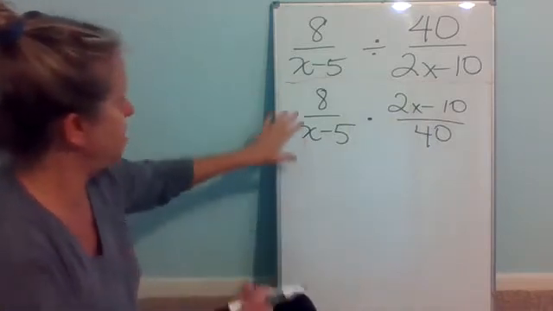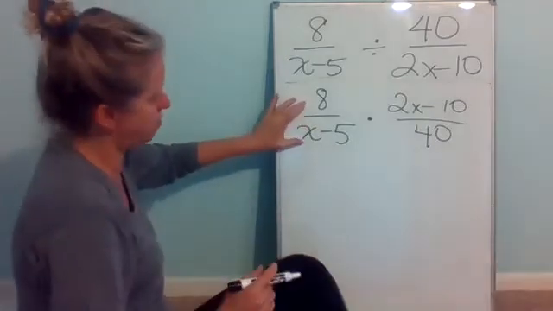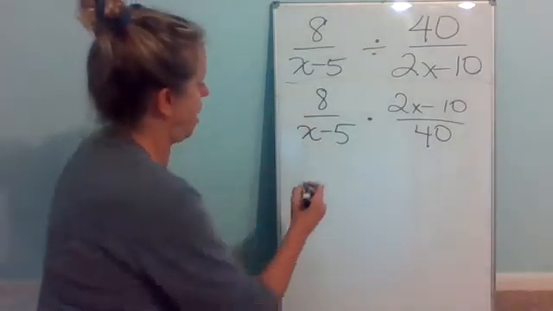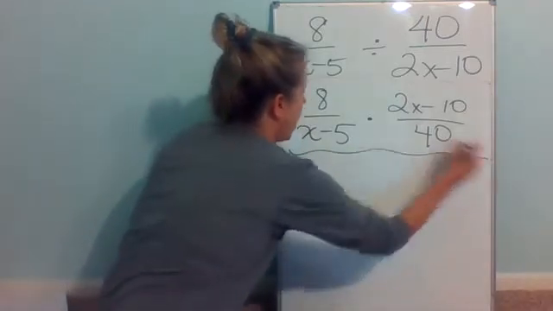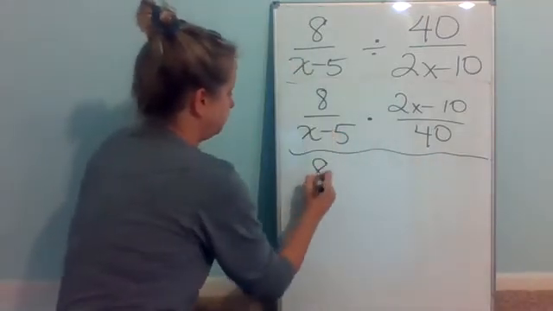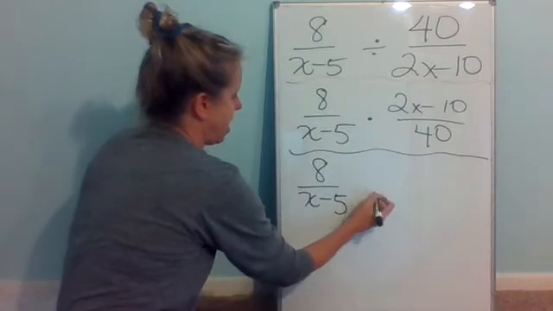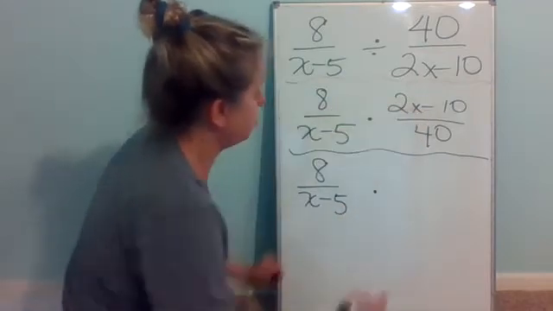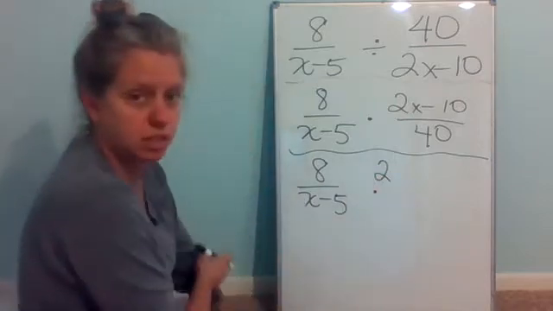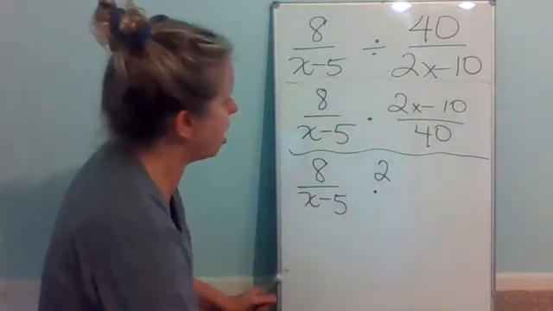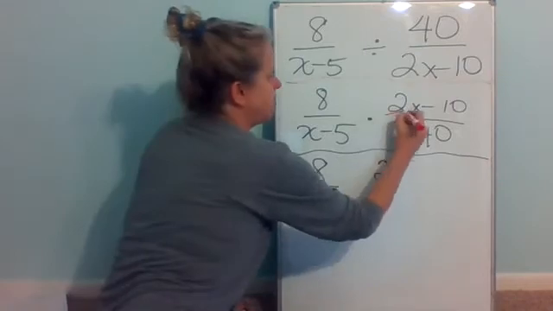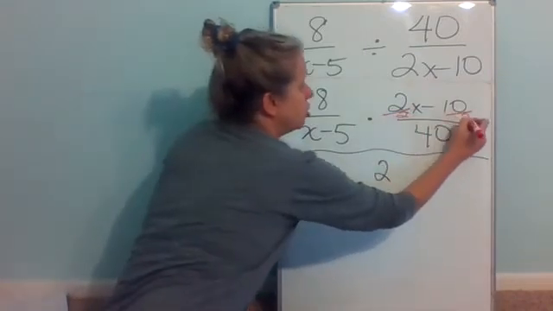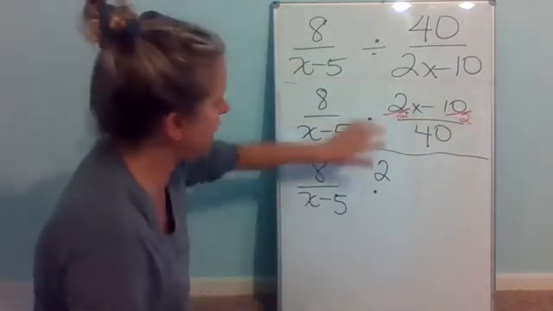So what we're going to do is just rewrite this one, because remember, there wasn't anything we could do to this fraction. So we still have 8 over x minus 5, still times, but like we said, here we can pull out a 2, since there was a 2 in common, which means I need to divide both of these by that 2 that I just pulled out.